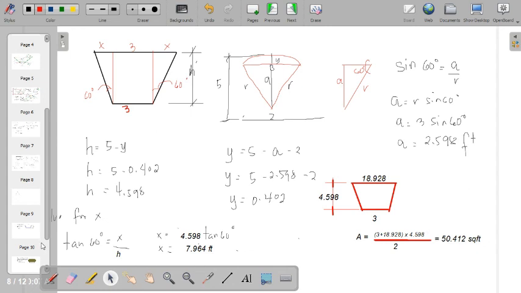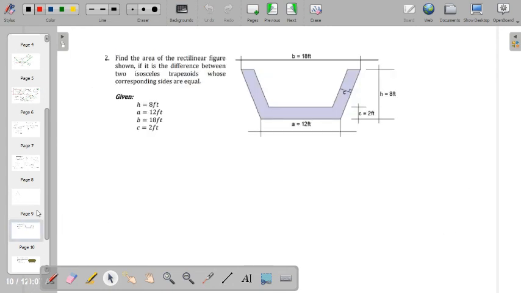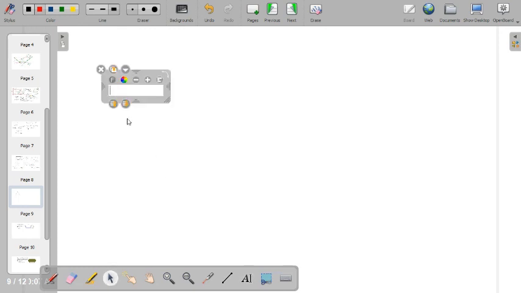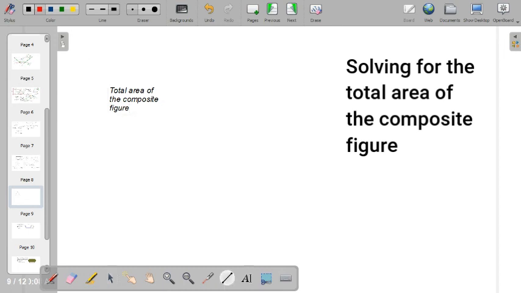Now, hindi pa natatapos dyan yung ating problem kasi we are going to, dito na lang tayo, add, no? So, area of the trapezoid, sa total area of the composite figure.